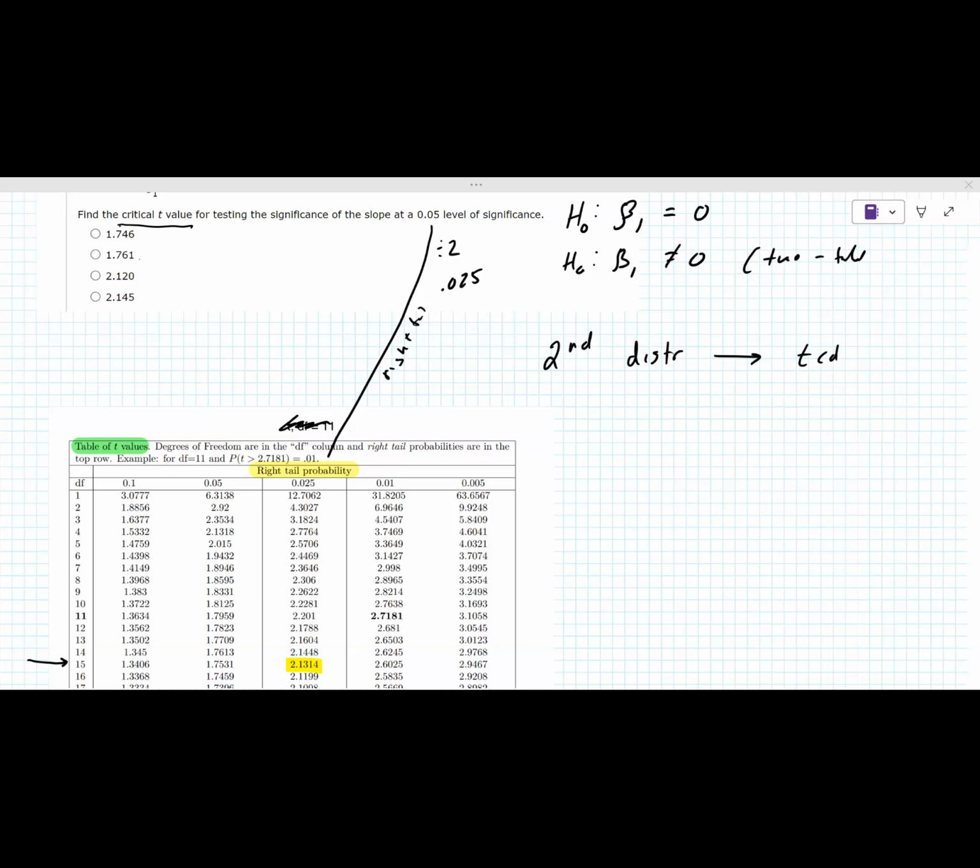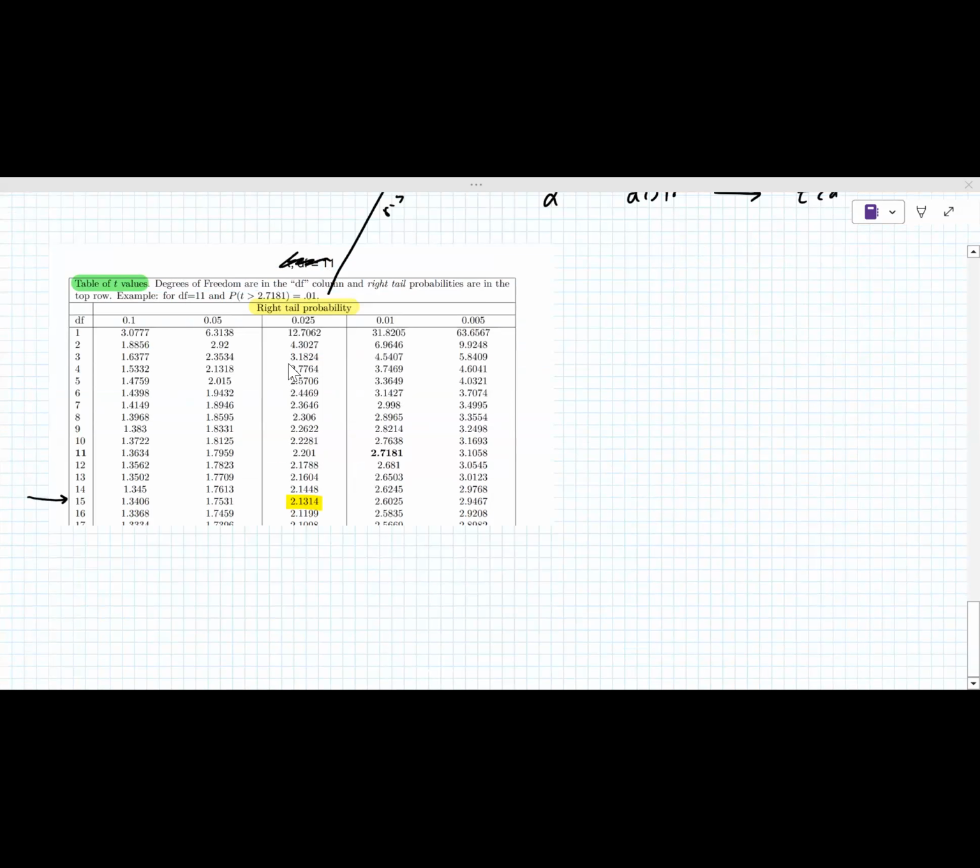So is it 2? Let's see here. 5 degrees of freedom is 4, so it's n minus 1.